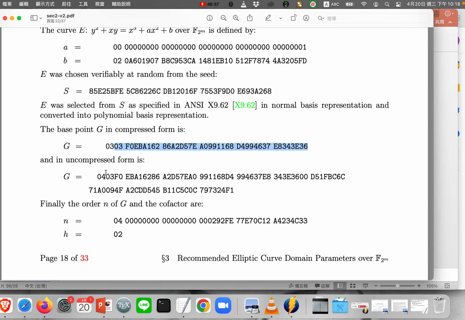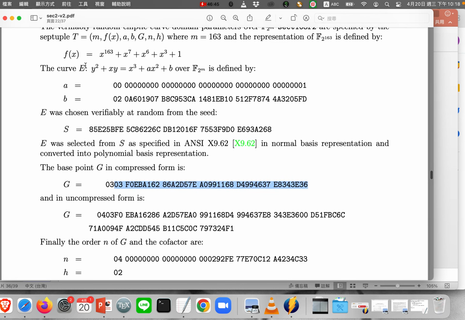We know that this is the x coordinate. You just put it there, and then you solve y. Here you solve a quadratic equation. That may take some time. It's not that easy to solve a quadratic equation, but anyway, it's possible.